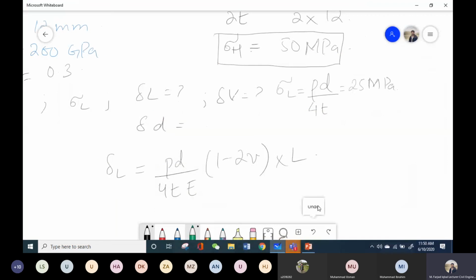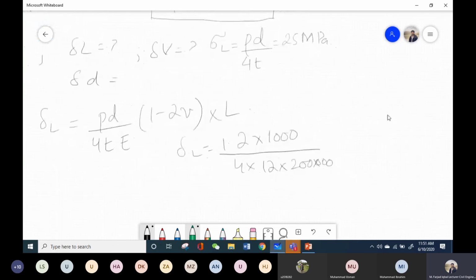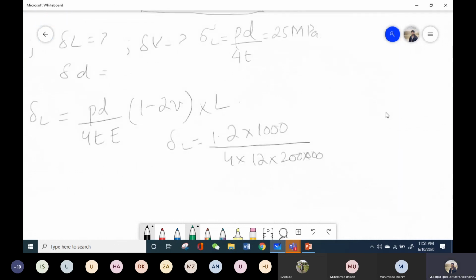So the change in length will be 1.2 into internal diameter 1000, over 4 times thickness 12, E is 200, or I can write it as 200,000 just to convert it into megapascal, and 1 minus 2 into 0.3, and the length is given as 3000 millimeter. This is the change in length.